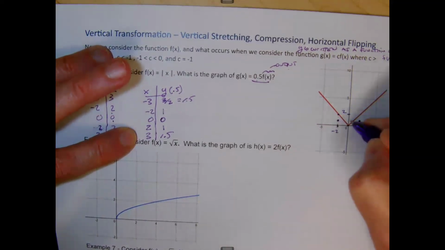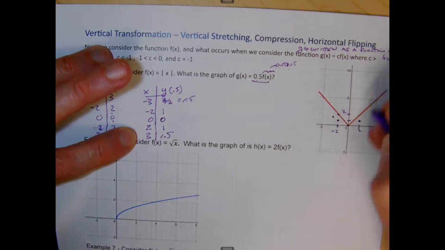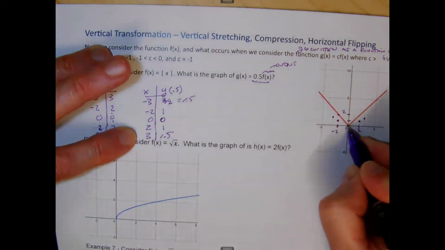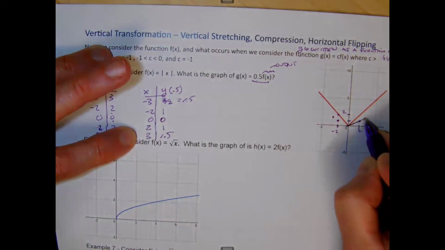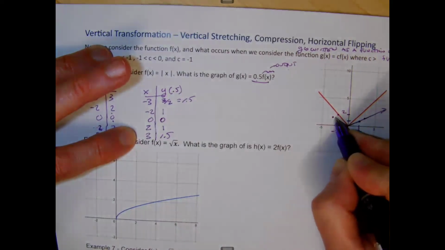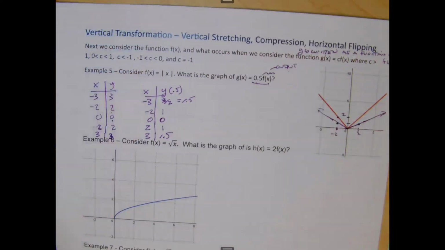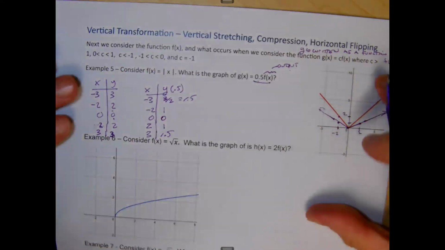So here is 1. 1.5 is right there. Positive 3 also now produced 1.5, which is sitting right there. So now if I were to graph, I get this little picture. So how to interpret this?